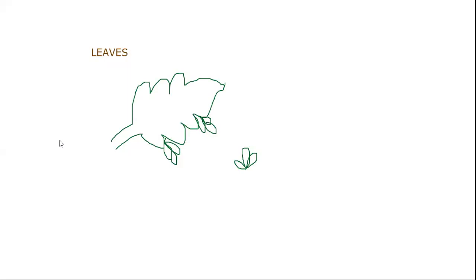Okay, so this is another kind of propagation, that is leaf propagation. Okay, so a good example is bryophyllum. The edges of the leaves will be giving out small offspring. So the example is bryophyllum.